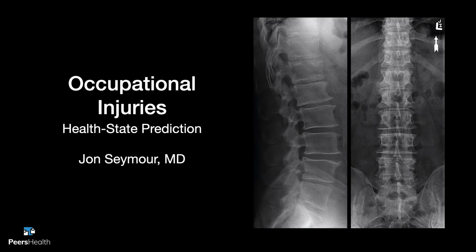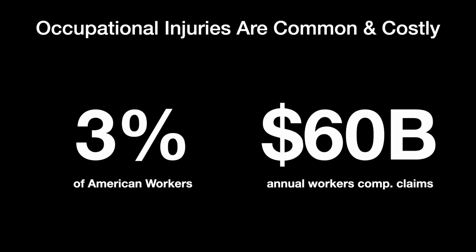Now we'll talk about a specific implementation. This is for a project that we've been working on for a little while, partnered with a company called Peers Health, led by a physician, Jon Seymour, and they're in the business of helping patients recover from occupational injuries. Occupational injuries are injuries that happen on the job. 3 out of every 100 Americans in the next year will be injured while at work.